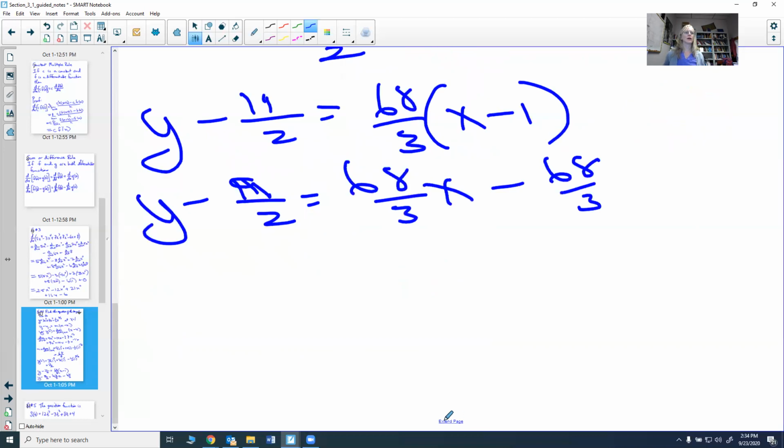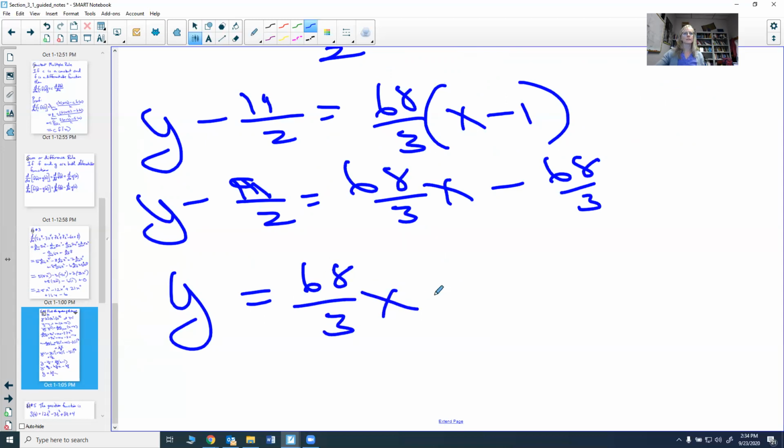Again, use your calculator for that. So y is equal to 68 thirds x, and then negative 68 thirds plus 19 halves is negative 79.6. So there's the equation of your tangent line.